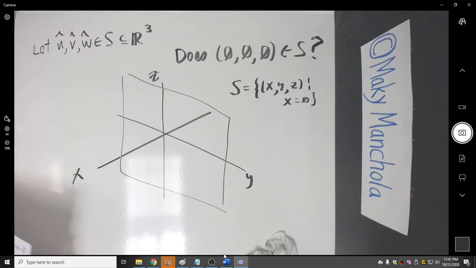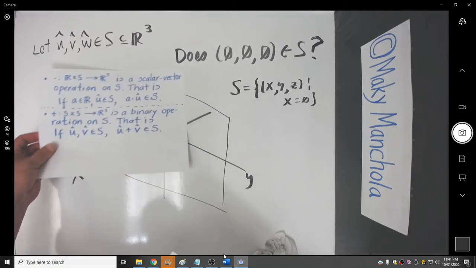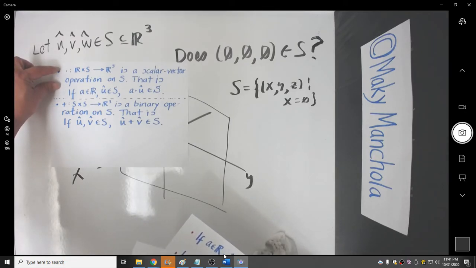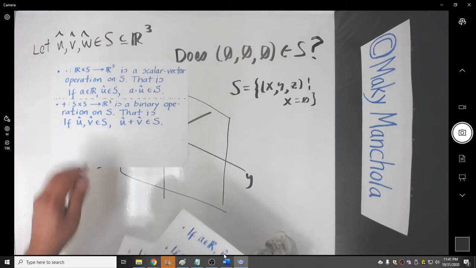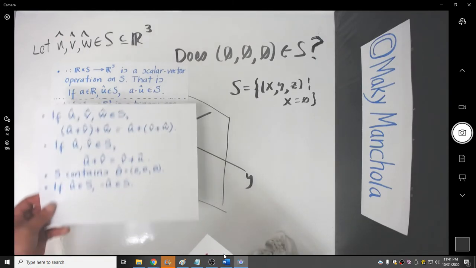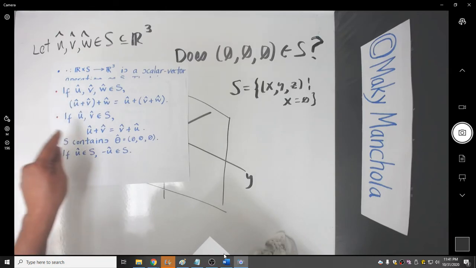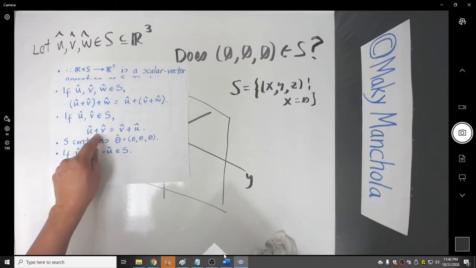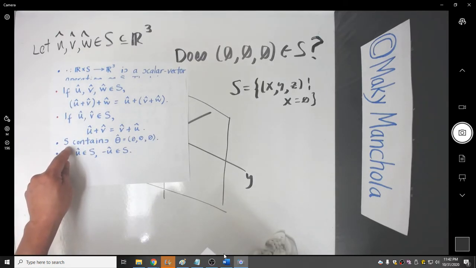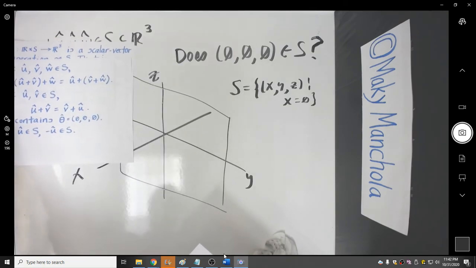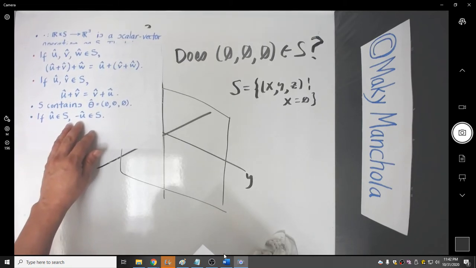The way we did that is we verified closure of the scalar multiplication, closure of the addition, we inherited the associative property, we inherited the commutative property, we had to check that the set contains theta.